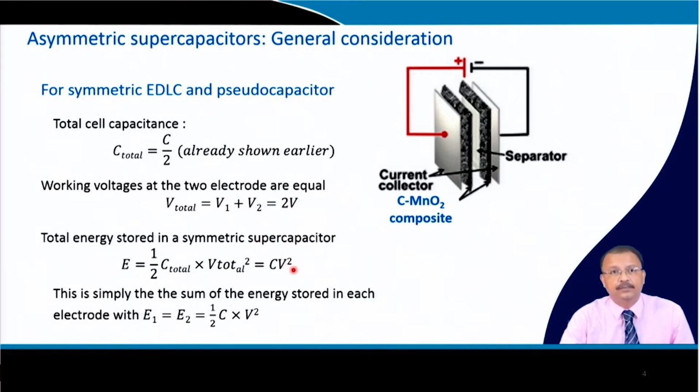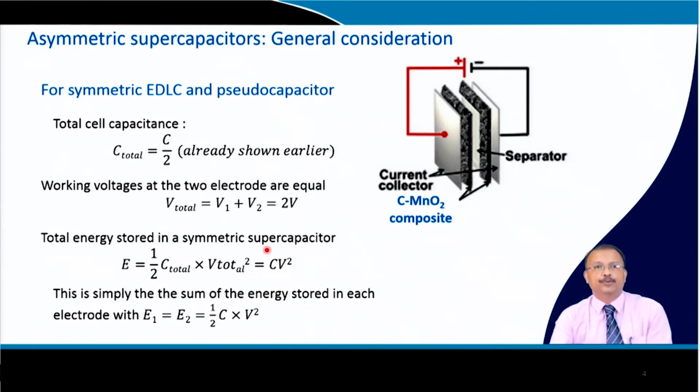So, it is only CV square if you put these values. This is simply the sum of the energy stored in each electrode. So, energy E1 stored in the first electrode and energy stored in the second electrode are the same, and this is given by half CV square. That is for a symmetric type EDLC or symmetric type of pseudocapacitor.